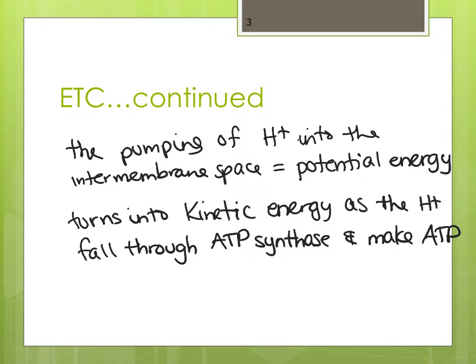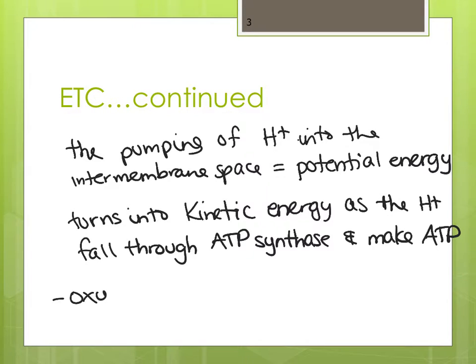That kinetic energy is transferred into the bond that's now stored in the ATP. So the position of those hydrogen ions creating that gradient represents potential energy, just waiting there to be used. As soon as those hydrogen ions move through the ATP synthase, it makes ATP and turns into kinetic energy.